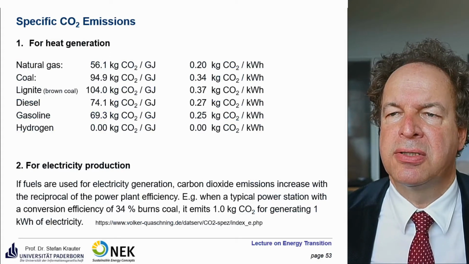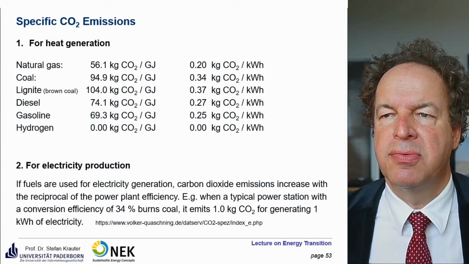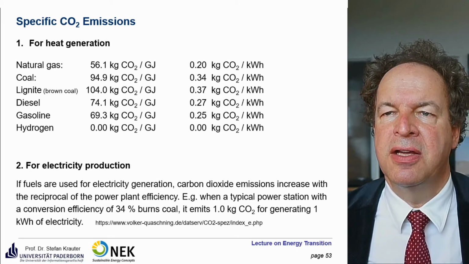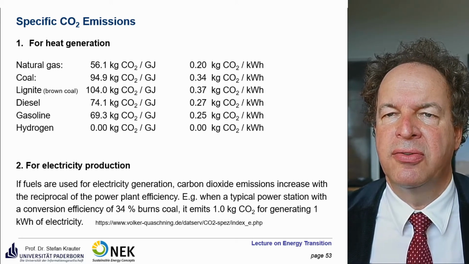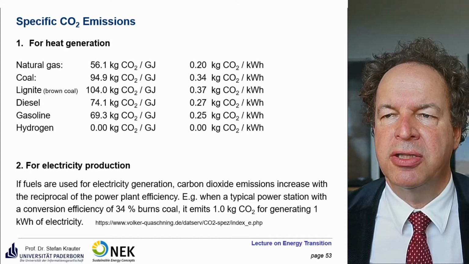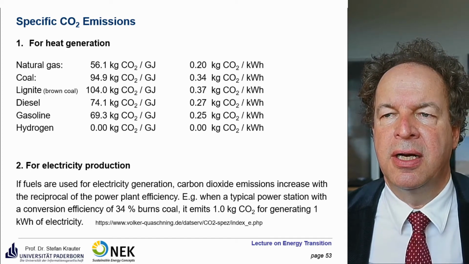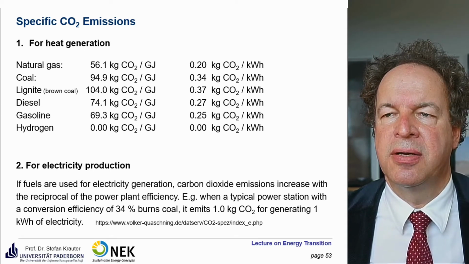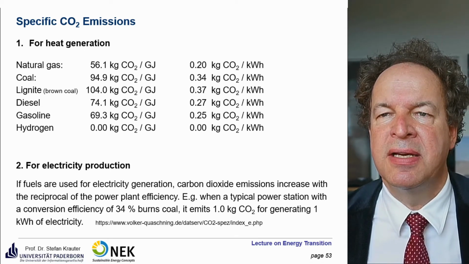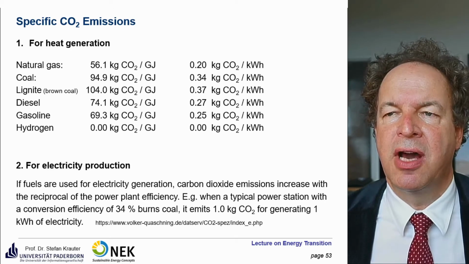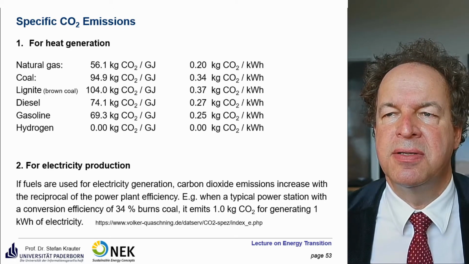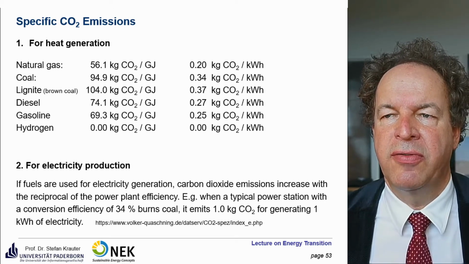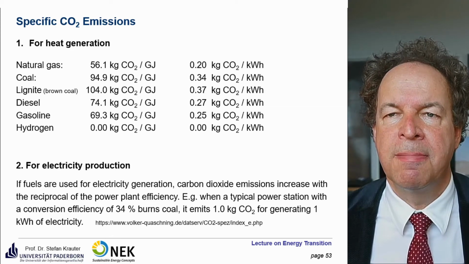We talk not only about energy values, we also have to think about carbon dioxide emissions. If we first only think about heat generation, not electricity yet, we then have to multiply with the conversion efficiency of the power plant. So the specific carbon dioxide emissions will be significantly higher, for example at a conventional power plant almost a factor of 3.